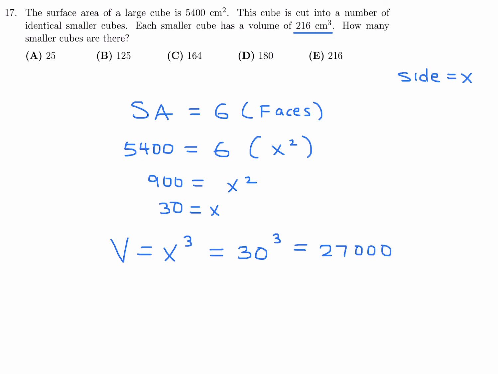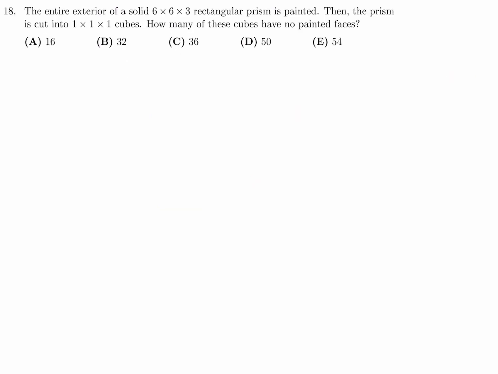So 27,000 is the volume of the big cube, and they've broken it up into small cubes that have each a volume of 216. So to figure out how many of those small cubes, you take 27,000 and divide it by the volume of each of those. And if you do that, you get 125. So number 17, the answer is B.